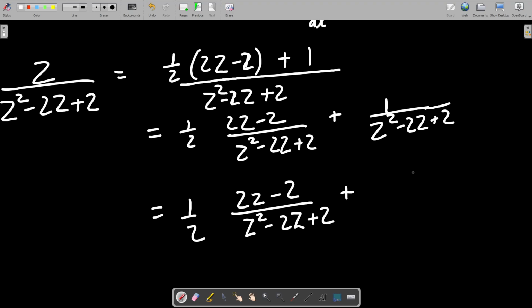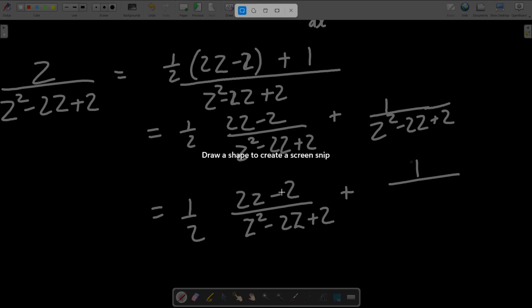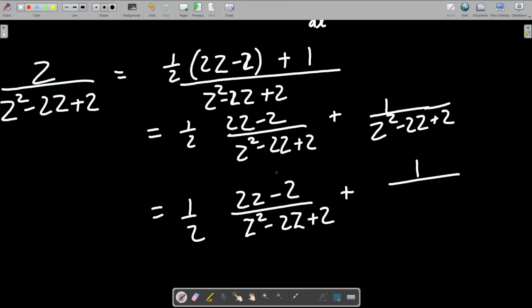Yeah, this can be split into z minus 1 plus i and z minus 1 minus i.